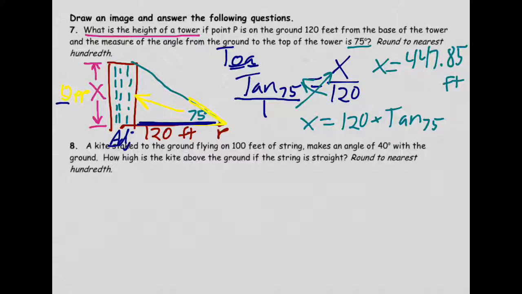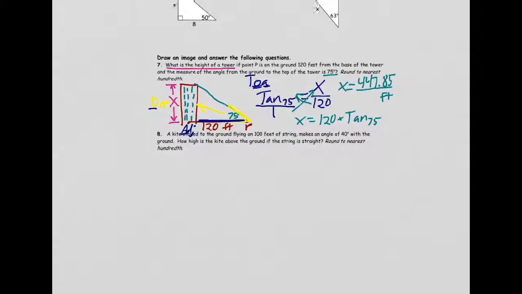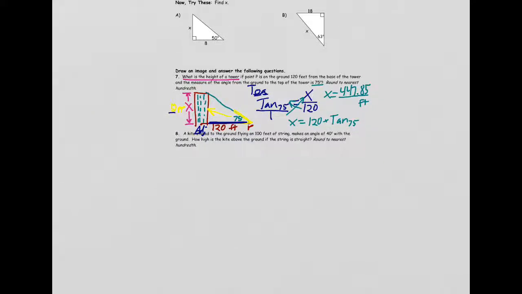So how tall is the tower? What is the height of the tower? It is 447.85 feet. Okay, so I'll let you do number 8 here, and then that's it. If you have any questions, just please ask during tutorials, come in during advisory, and look forward to seeing you there. All right.